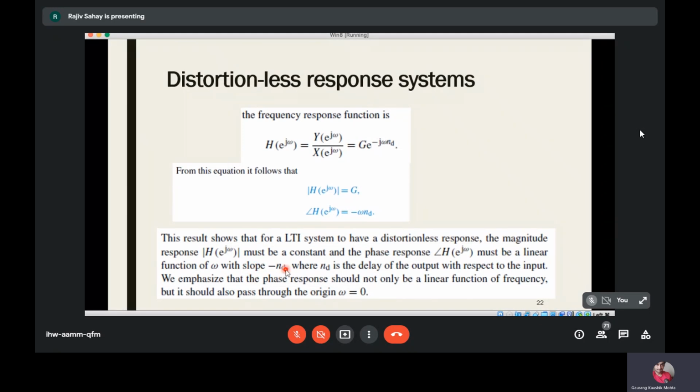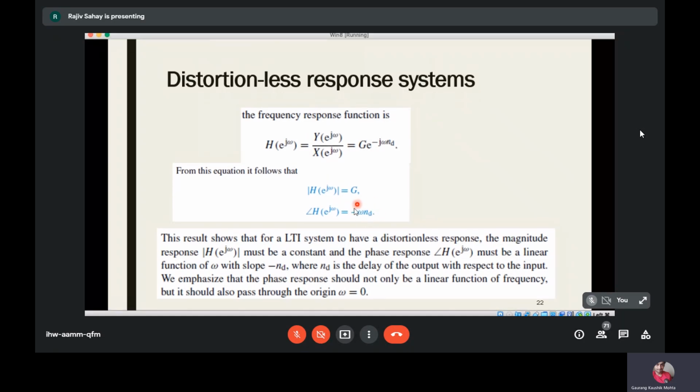The phase response φ(ω) versus ω is a line passing through the origin, because it is minus ω times n_d and there is no constant term. It is y equals mx plus c with c equal to 0, so y equals mx, where m is minus n_d. The slope is minus n_d.